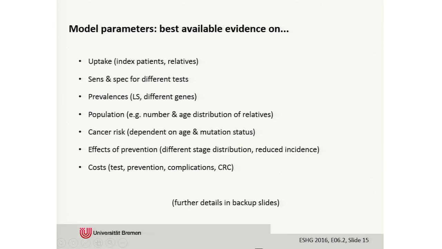So you need information on to what extent it depends on the mutation status. You have the effects of the prevention, so the different stage distribution or the reduced incidence by increased colonoscopy. And finally, you have the cost of all those different aspects in the model, of the different steps on the first side of the model, the testing part, and second in the prevention part.